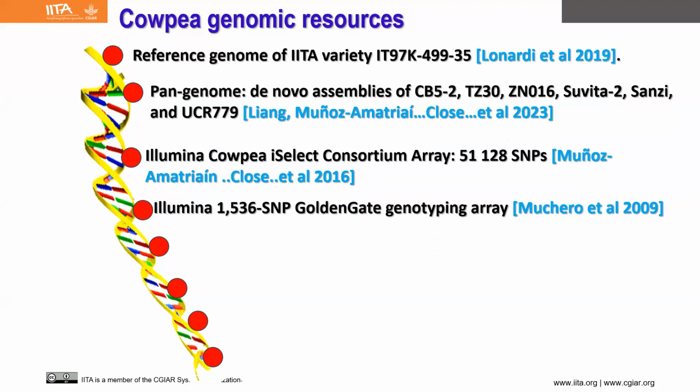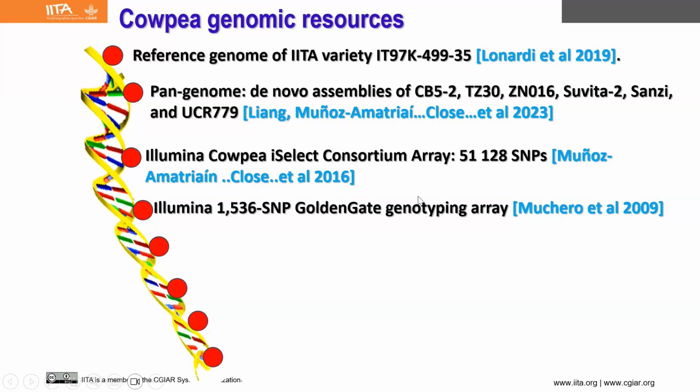We now have a reference genome for cowpea that has been developed based on the IITA variety, and recently an additional six genotypes of cowpea have been assembled and annotated, and this has constituted a pan-genome of cowpea, which provides a good representation of the genetic attributes of cultivated cowpea.